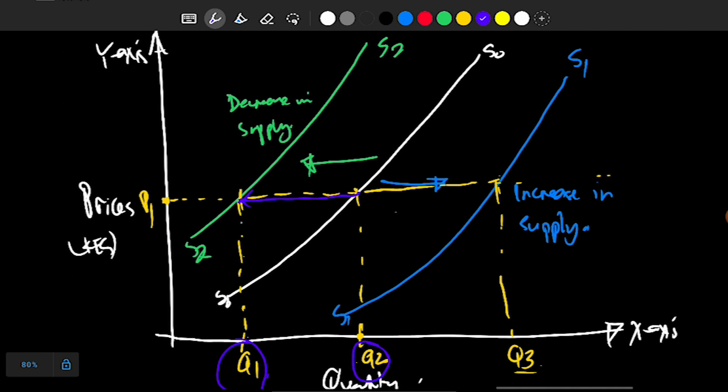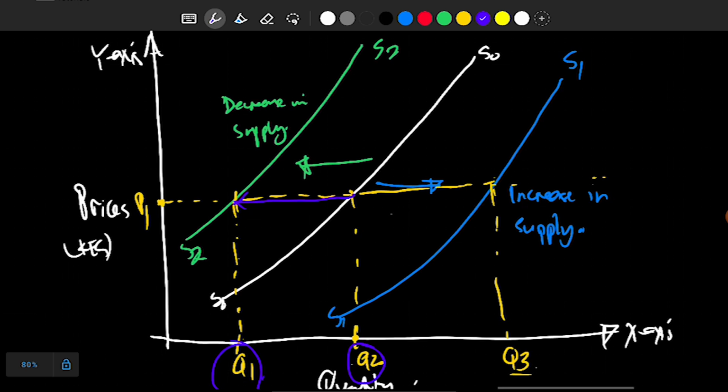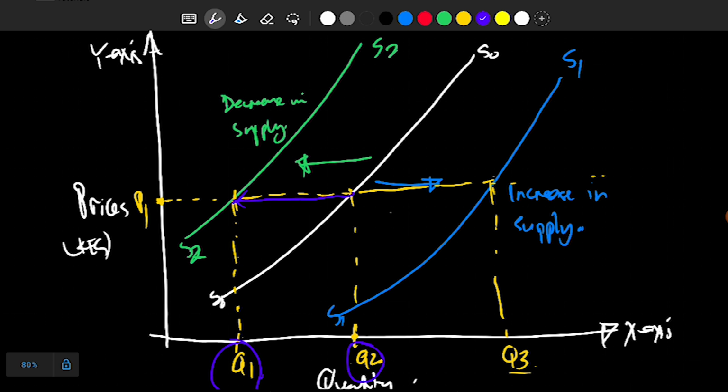I think that's the best way to summarize movement along the supply curve, which is a result of changes in prices of goods and services, and changes in supply, which is a total shift either to the left or to the right of the original supply curve, caused by factors other than changes in prices of goods and services. I think that's well understood. Then we'll proceed to look at factors that cause a shift in the supply curve in the next lesson.